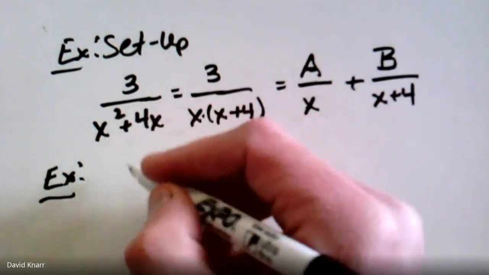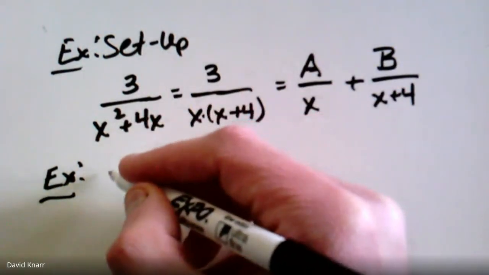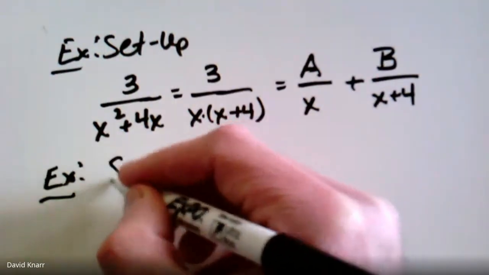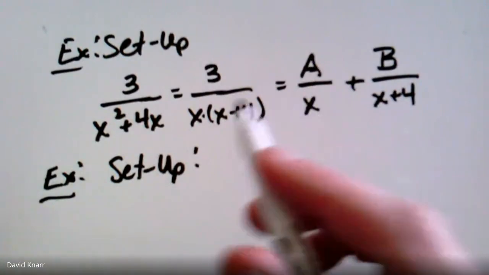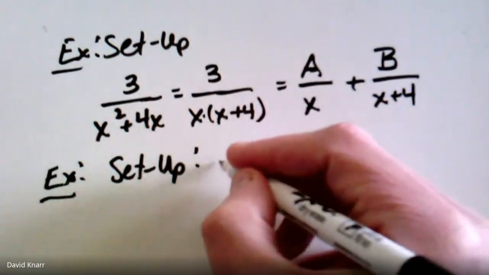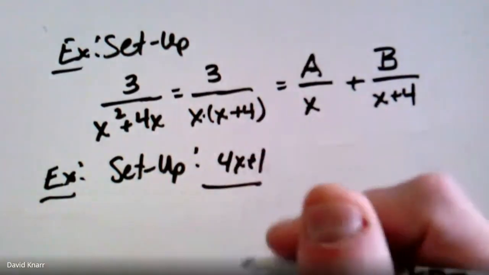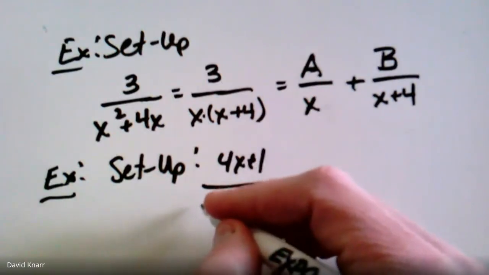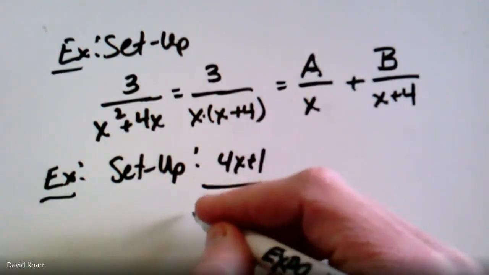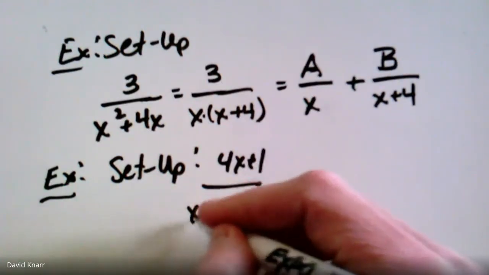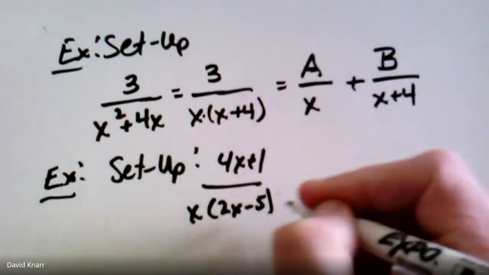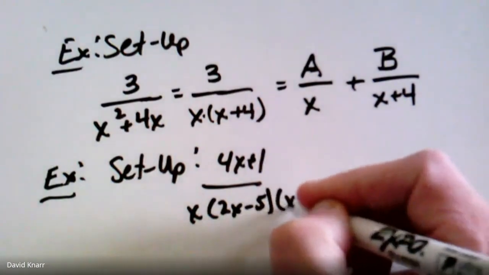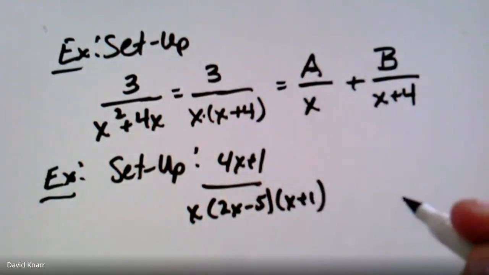All right. Okay, so let's try. We're going to set this one up also. We're not going to solve it. And then we're going to go solve the one that we did at the very beginning of the video. So let's try to set up 4x plus 1 over, I'm going to write for you the factors. Let's try, the factors are x, 2x minus 5, and x plus 1.